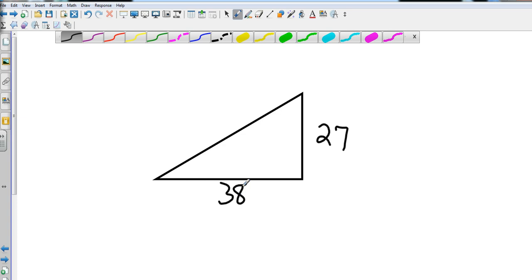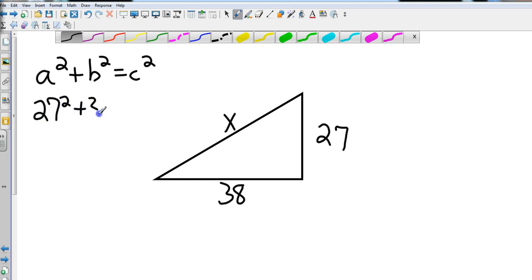The other person decides to just cut right through the park. So again, this is just a squared plus b squared equals c squared. You'll use a lot of that in this chapter. So we've got 27 squared plus 38 squared equals c squared.